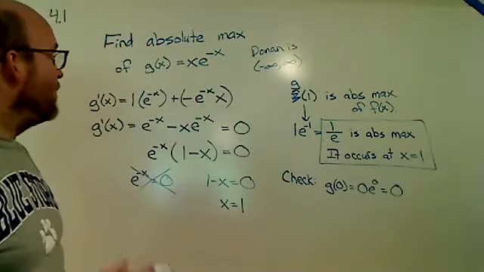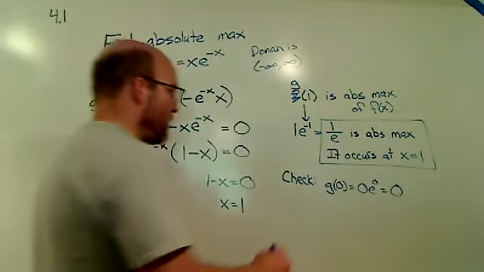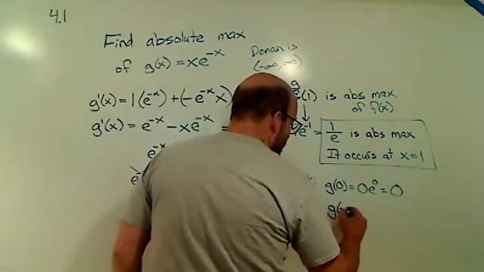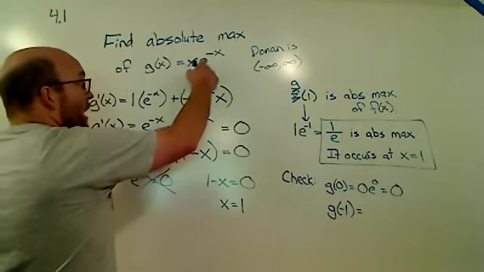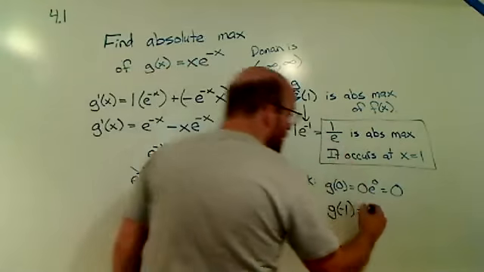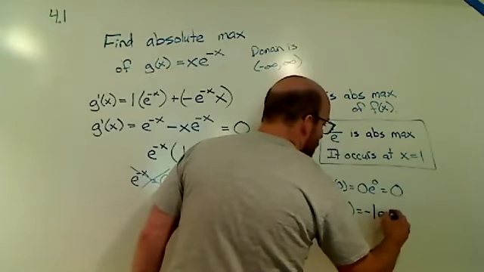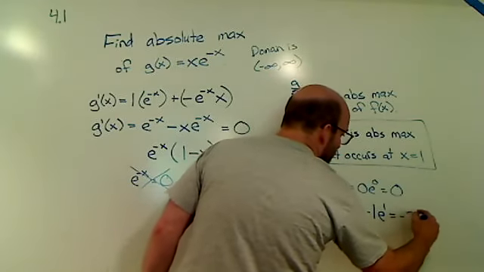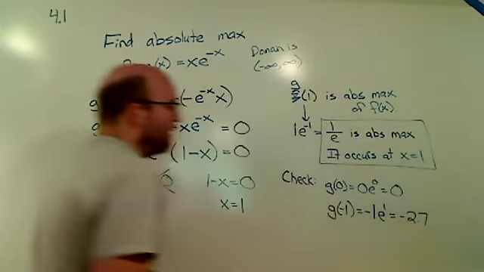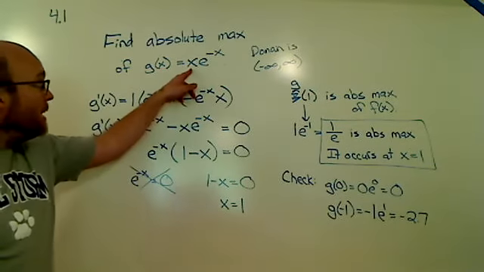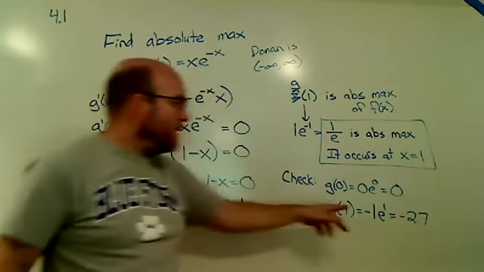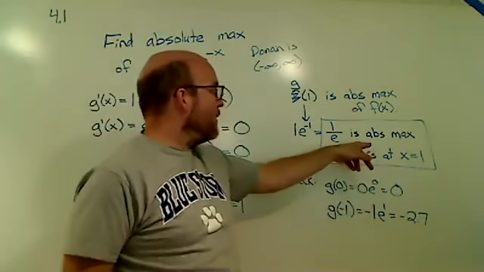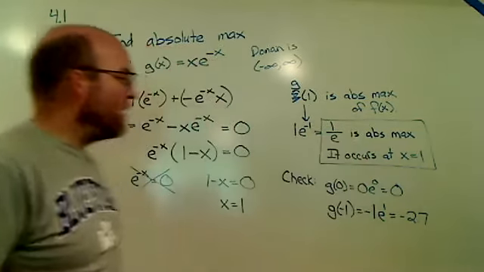You don't have to keep checking, but if we put in a negative number, say -1, I'm going to get a -1 times a positive number. Even if we don't know what e is, but we do, it's about 2.7, a negative times a positive number is automatically a negative number, and that's automatically going to be smaller than this 1 over e.